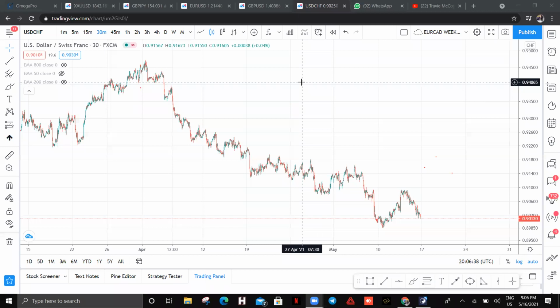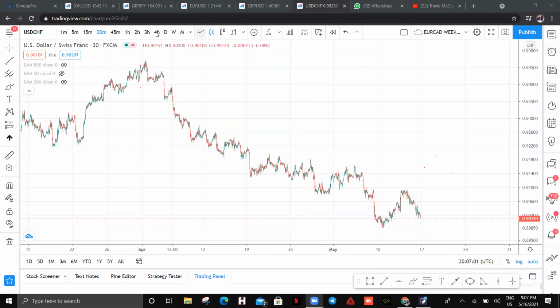All you need to do is look for an impulse move and use the same entry and exit technique. The same entry and exit techniques cut across all the time frames. But today we're going to use our H4 and enter on 15 minutes.